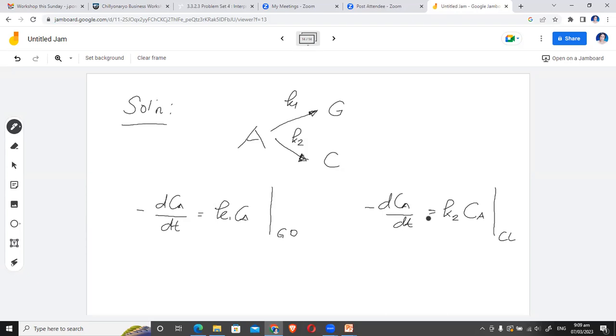If you write the net rate equation for the parallel reaction, dCA/dt is equal to k1 CA plus k2 CA. Common CA, so you will have k1 plus k2 times CA.